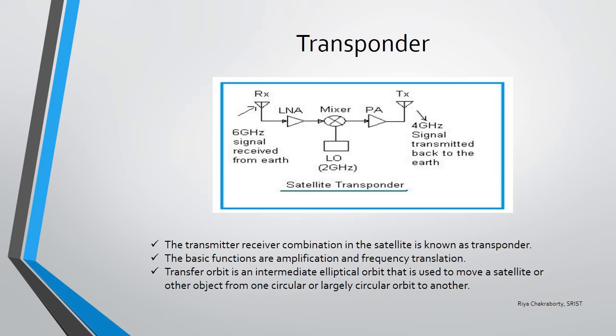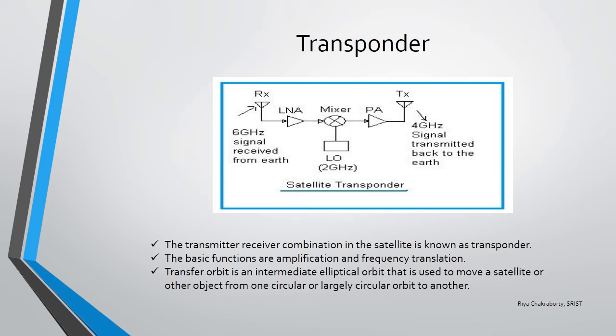And what is the definition of transfer orbit? It is an intermediate elliptical orbit that is used to move a satellite or other object from one circular orbit to another. So, a transponder is nothing but a transmitter receiver combination in the satellite.